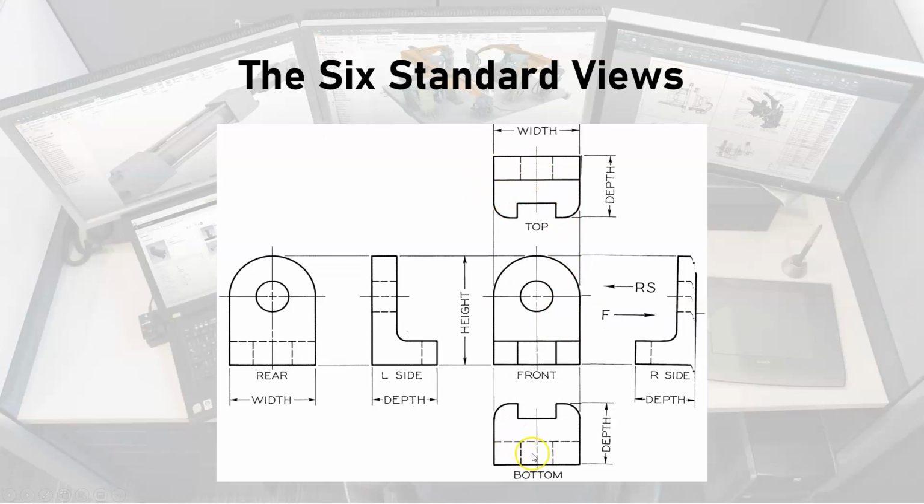The top view and the bottom view are basically mirror images, but they have different hidden lines, right? So in the top view, because we see this edge right here, this edge is visible. But in the bottom view, because this edge is below the bottom surface, that is represented with a hidden line.